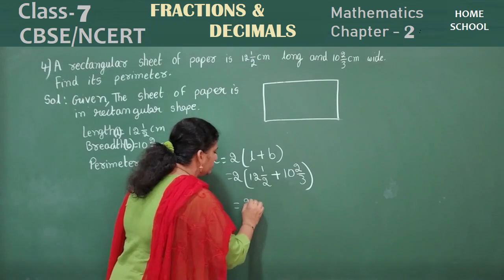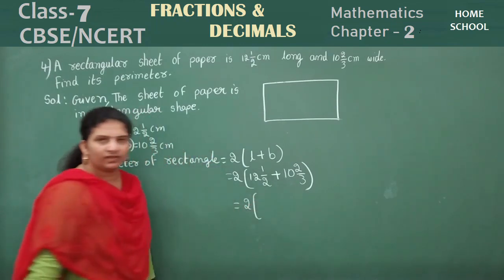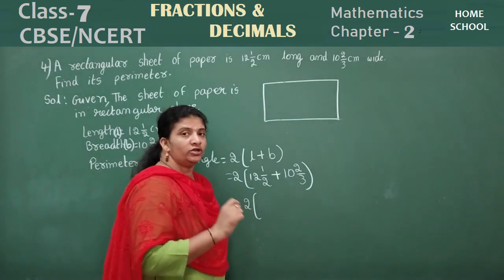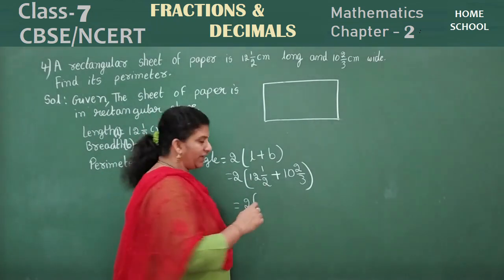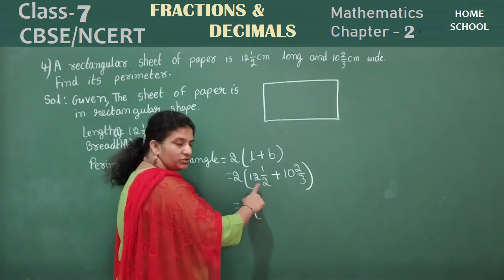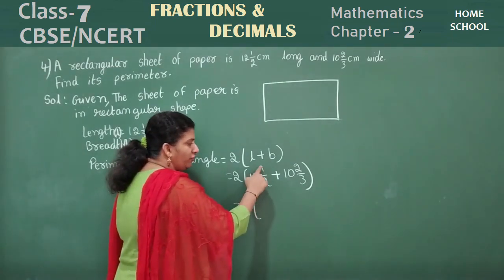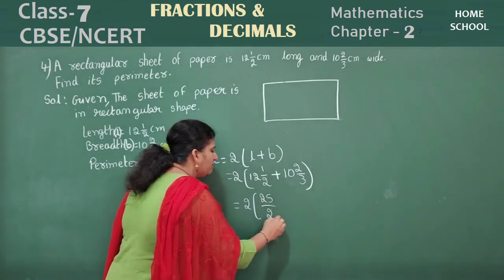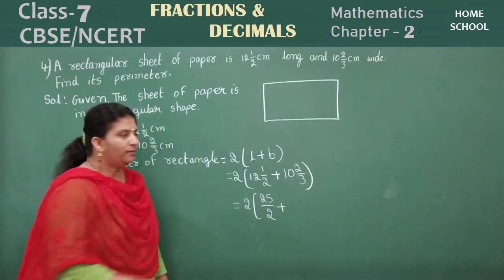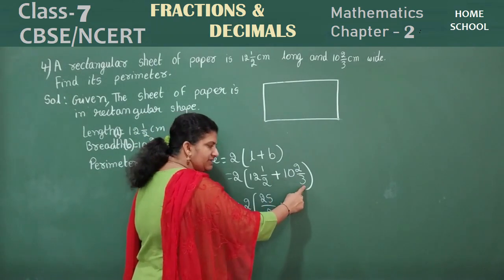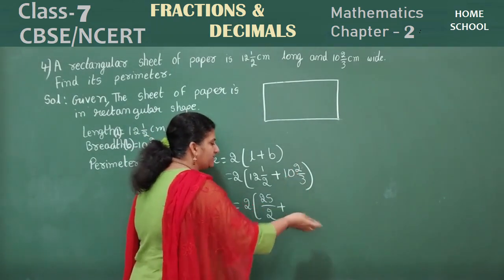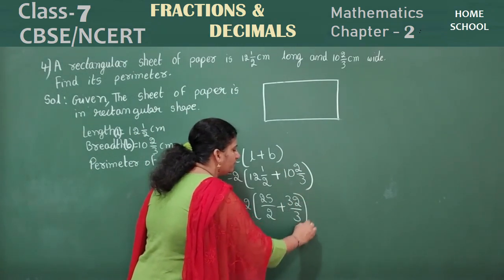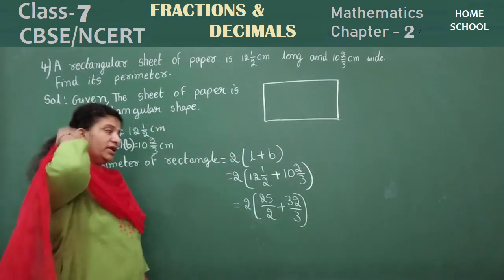Okay, multiply this. Why do we need to multiply? In order to convert into an improper fraction. 12 2s are 24, 24 plus 1 is 25/2. Plus 10 3s are 30, 30 plus 2 will be 32/3. Right?